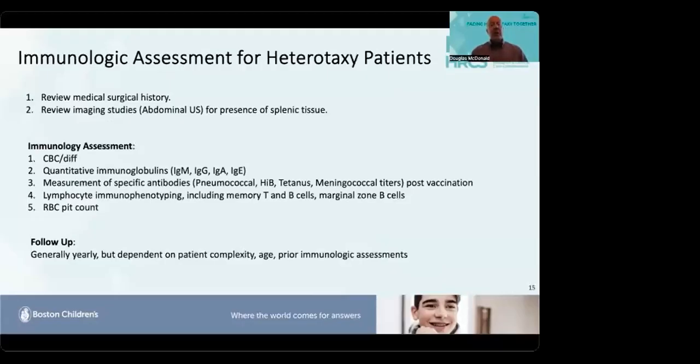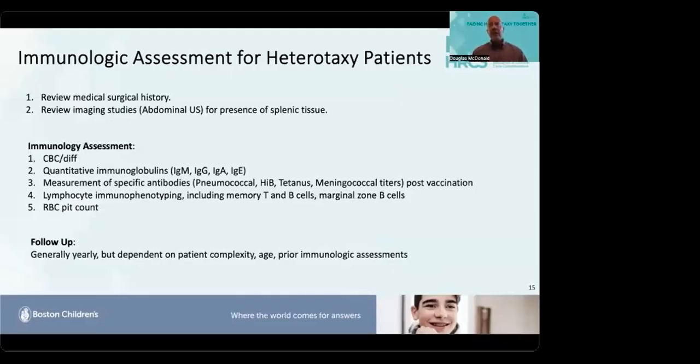So our standard immunologic assessment for patients with heterotaxy includes an in-depth review of their medical and surgical history and reviewing imaging studies that are available to assess for the presence of splenic tissue.